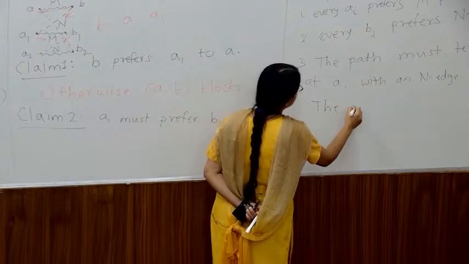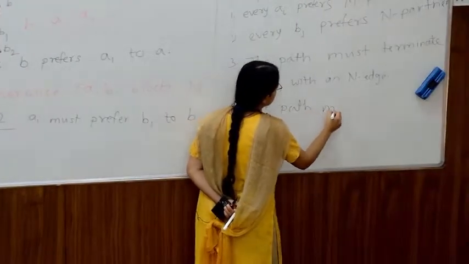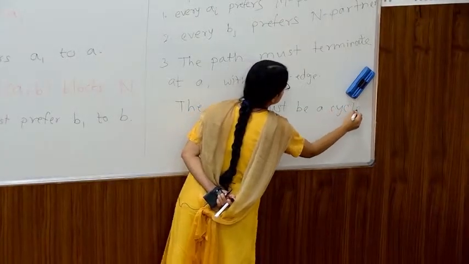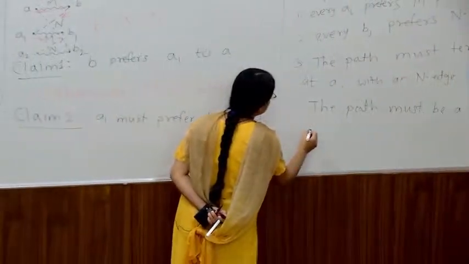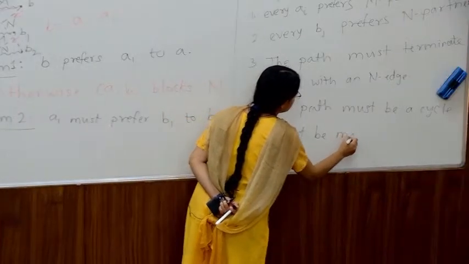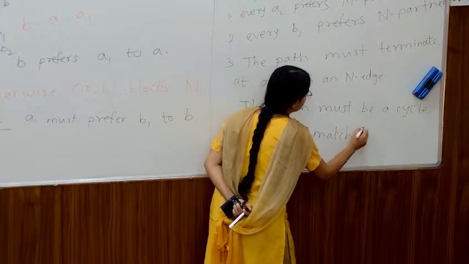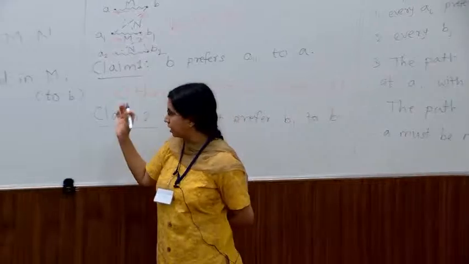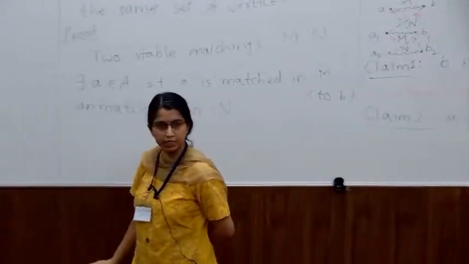So the path in fact must be a cycle. And therefore A must be matched in M. Is this proof clear? You can ask questions if I have not made it clear enough.